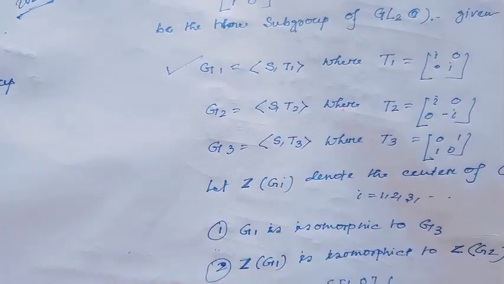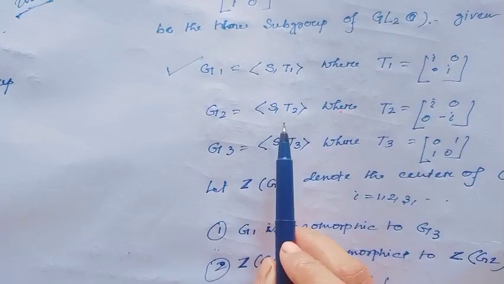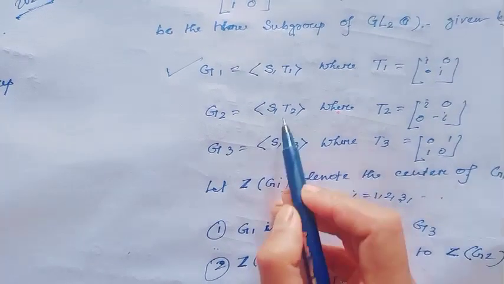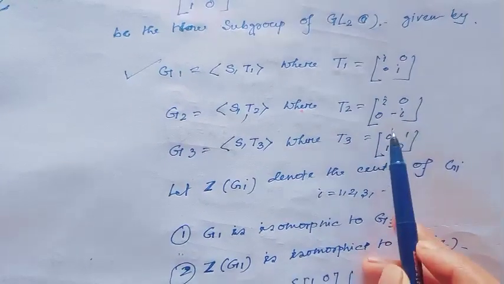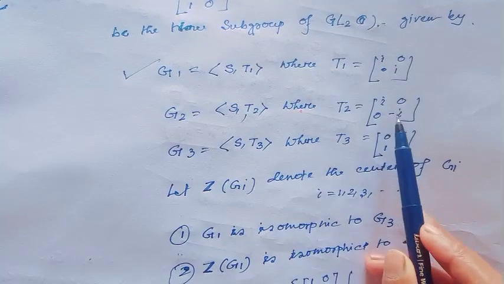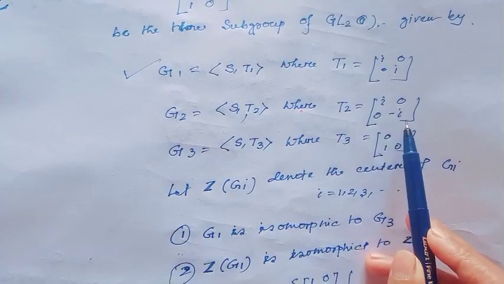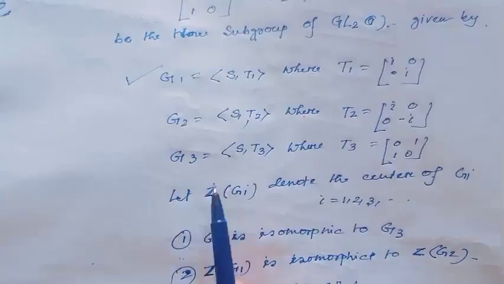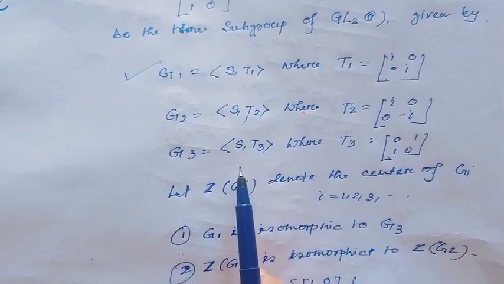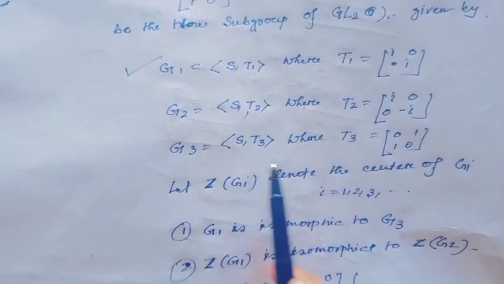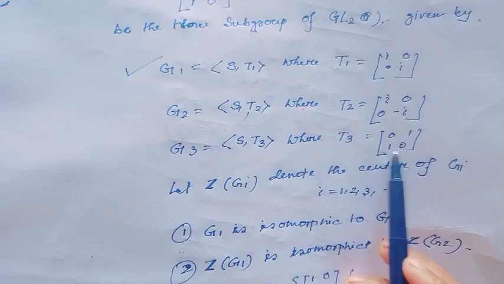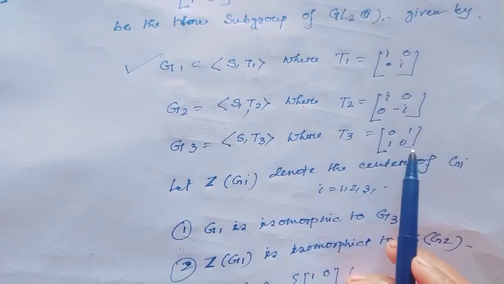G2 equals the cyclic subgroup generated by S, T2, where T2 equals the 2 cross 2 matrix [i 0; 0 -i]. G3 equals the cyclic subgroup generated by S, T3, where T3 equals [0 1; 1 0].